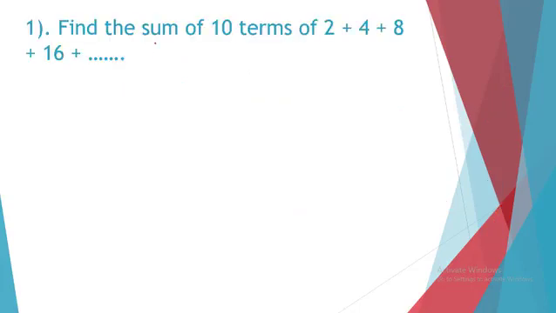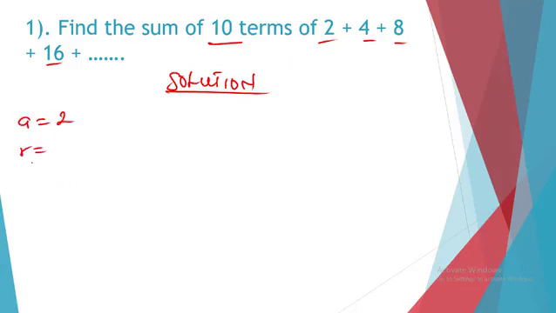Okay, quickly let us take some illustrations. We have a question here on the screen. It says, find the sum of 10 terms of 2 plus 4 plus 8 plus 16 and so on. Looking at the question, we first determine our first term, a, which from here is 2.